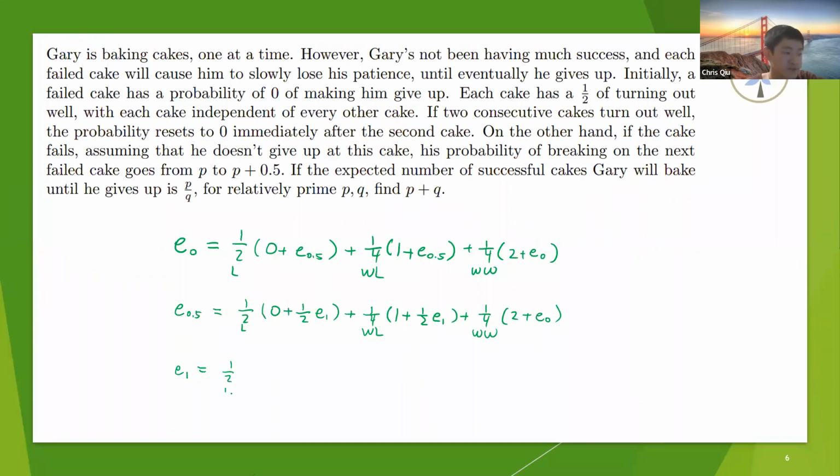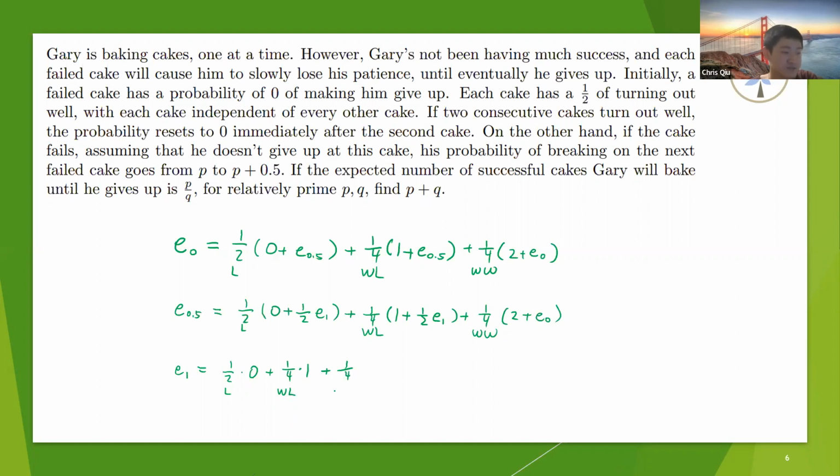If he loses on his first cake, then he gives up, because his probability of giving up is currently 1. So he's going to gain no cakes. If he wins first and then loses on his second cake, he's going to gain 1 successful cake, but he's not going to be able to get any more cakes because he's going to give up on his second cake.